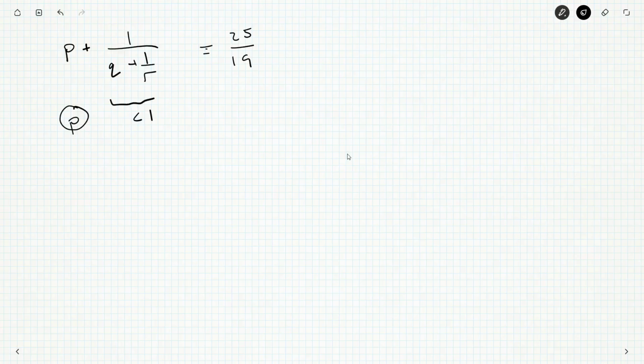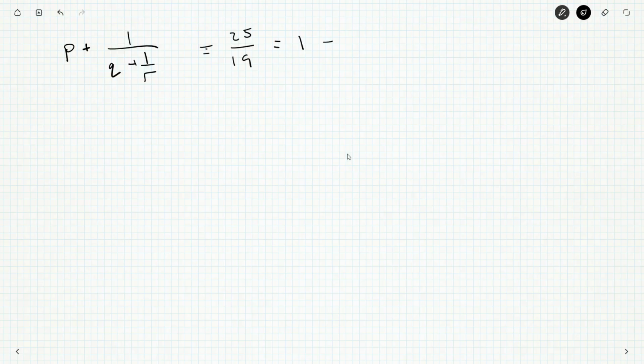So the easiest way to isolate what P is: what's the biggest integer that we can have less than 25 over 19? Because that'll have to be P, and then whatever's left over will be less than 1, less than an integer, and that'll serve as our fractional part here. Okay. So, 25 over 19, well, one factor of 19 goes into 25.